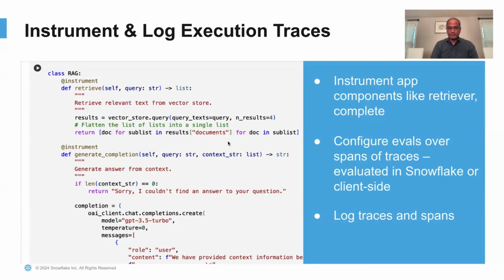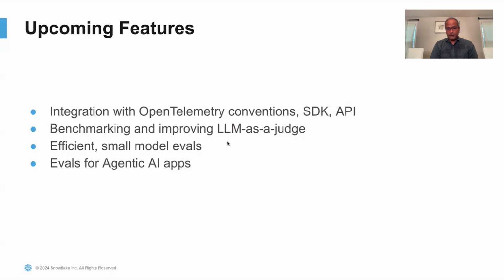We have several upcoming features within Snowflake AI Observability. We are working on integration with open telemetry conventions, SDK and API, to make it very, very easy to work with standard logging, in which you may have logged your app execution yourself, and Snowflake AI Observability can work with that, even if your app was not instrumented with our TruLens client-side SDK.